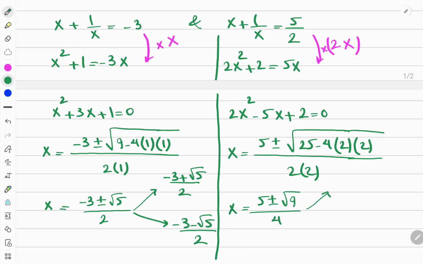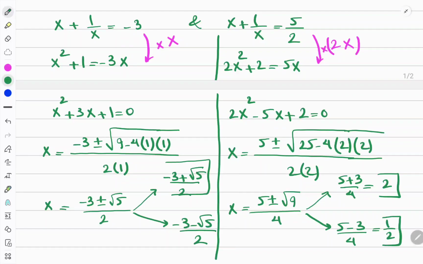So radical 9 is 3. 5 plus 3 is 8, 8 over 4 is 2. And the next one, 5 minus 3 is 2, 2 over 4 is 1/2.